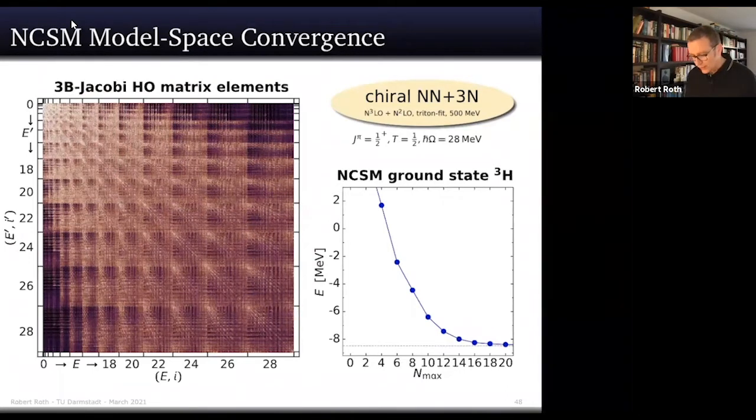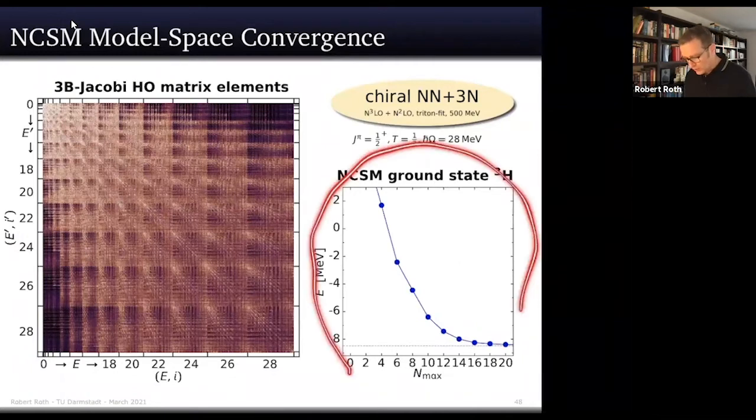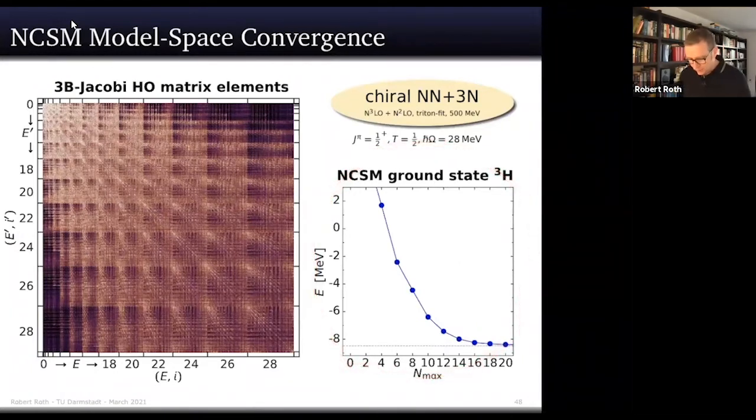That was shown in this first convergence plot, where as a function of Nmax, the number of oscillator quanta in the no-core shell model truncation. For this specific case, the Nmax is just the largest value of this principal oscillator quantum number, this E, that I consider. So Nmax means I cut out blocks of different size in this energy quantum number.